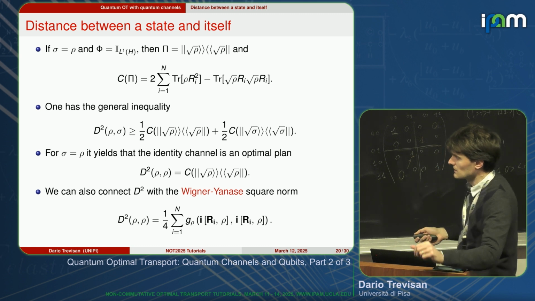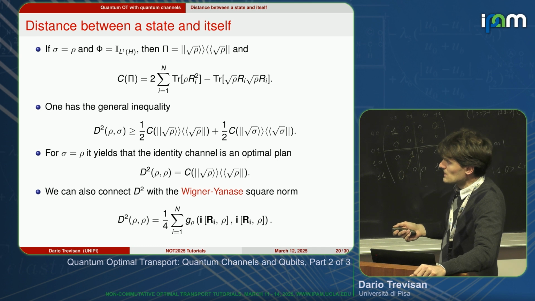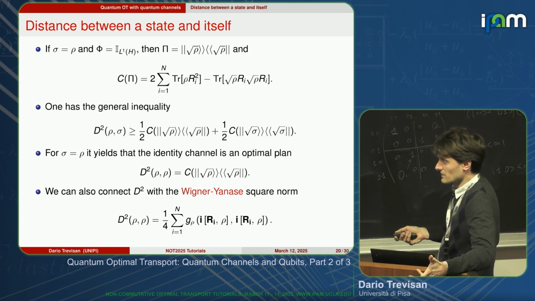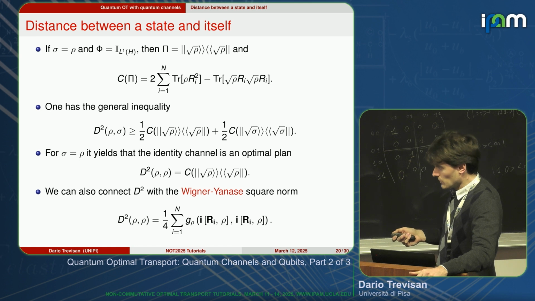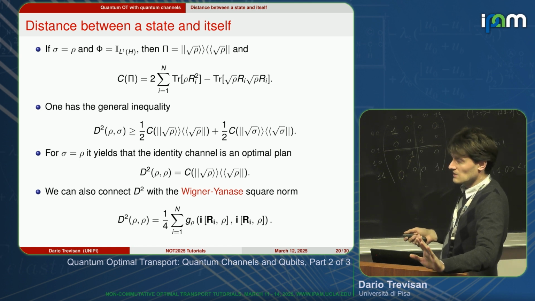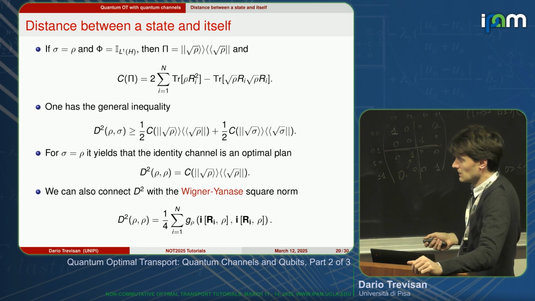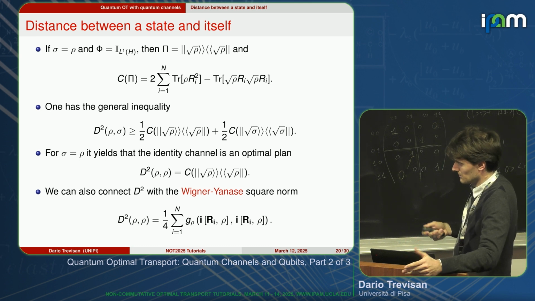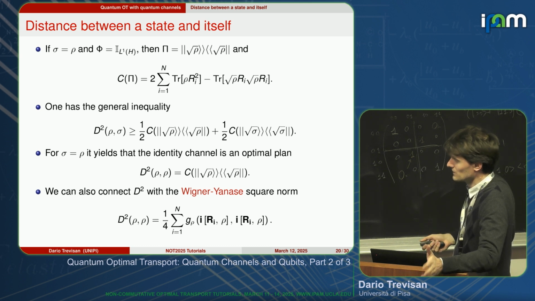Okay, this is a general inequality. What does it say? If you take rho equals sigma, it tells you that the cost is always at least the cost of the purification, which is the cost of doing nothing. So in general, we can prove that the identity channel is an optimal plan, which is something that we don't have in the other approach. So we have at least the fact that if you don't move, you are optimal, okay?